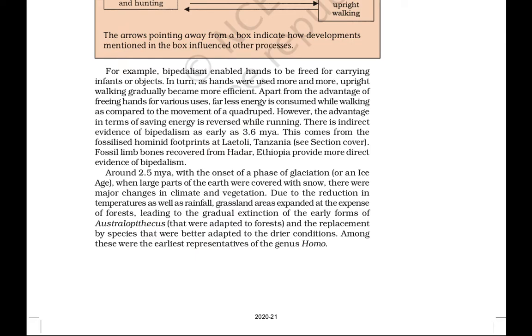Due to the reduction in temperatures as well as rainfall, grassland areas expanded at the expense of forests, leading to the gradual extinction of the early forms of Australopithecus that were adapted to forests and their replacement by species that were better adapted to the drier conditions. Among these were the earliest representatives of the genus Homo.